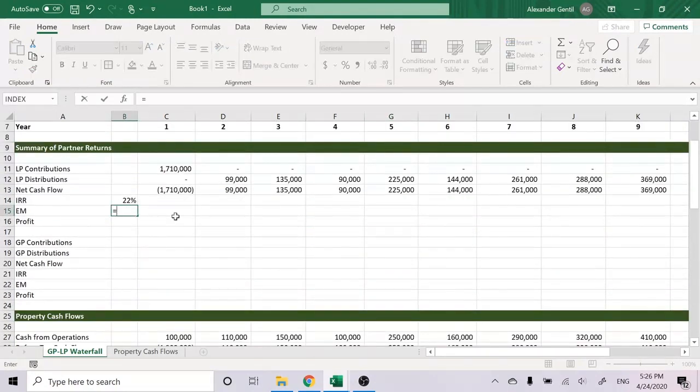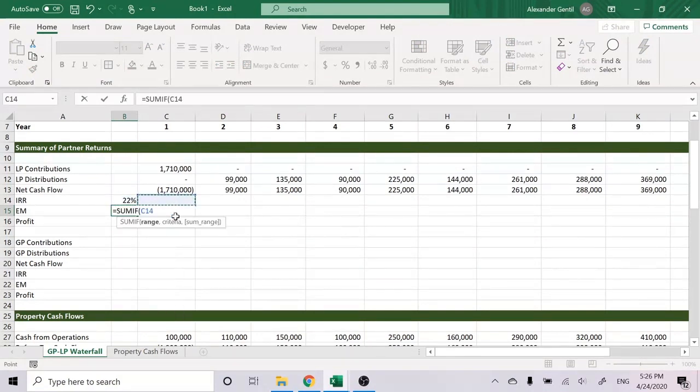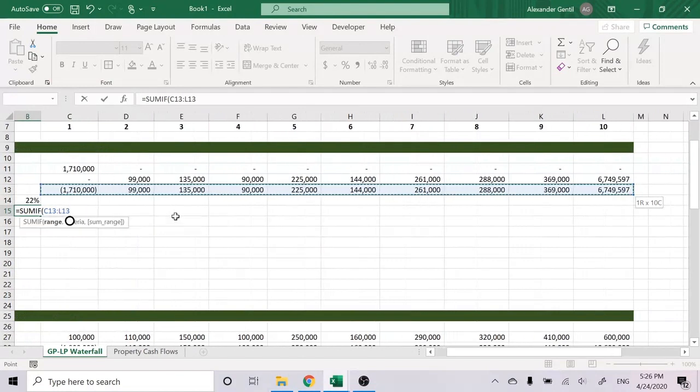And then our equity multiple is simply the sum of this range, everything that is greater than 0, over everything that is less than 0.